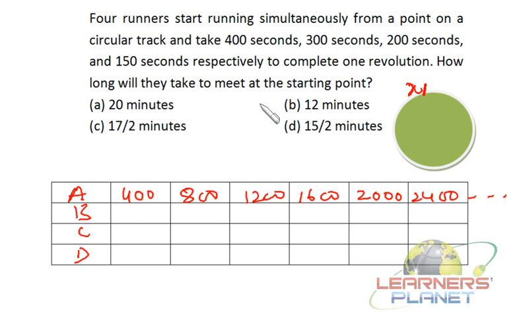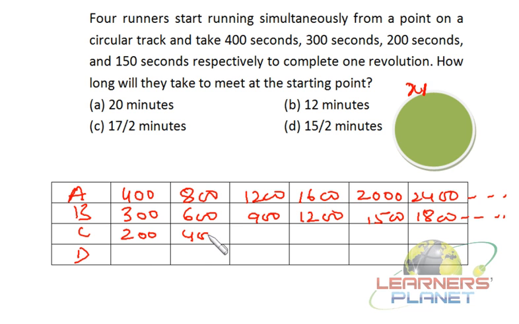Similarly, B, after every 300 seconds he'll be reaching this position, so 300, then 600, 900, 1200, 1500, 1800 and so on. Okay, similarly C is coming after every 200 seconds, so it is 200, 400, 600, 800, 1000, 1200 and so on.